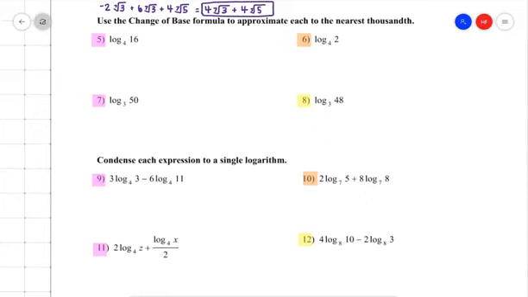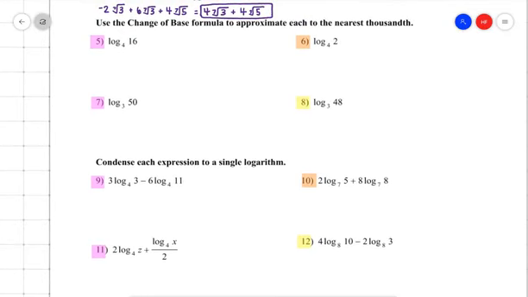On this next section, it's using the change of base formula to approximate our values of logs. We've got log base 4 of 16, well, this would equal log base 10 of 16 over log base 10 of 4.